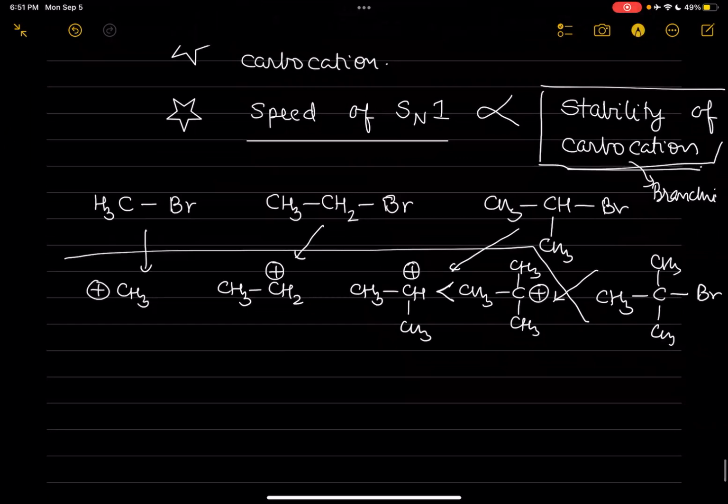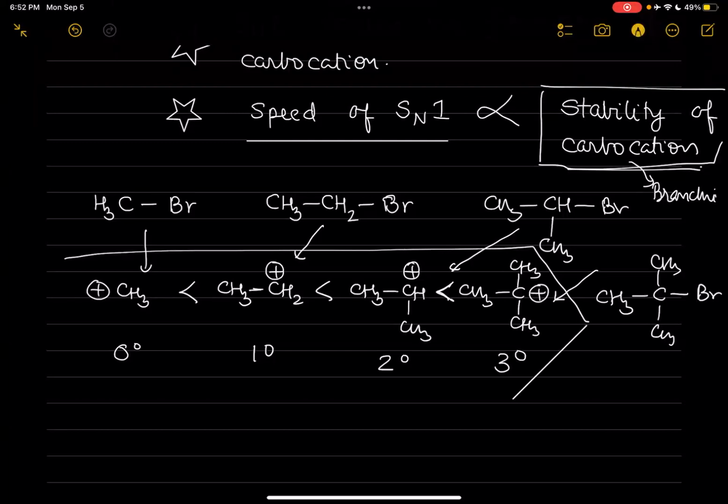So the tertiary carbocation is the most stable one, then secondary, then primary. Primary carbocation means it is connected to one carbon, and this is a zero degree carbocation. Is it clear? Imad, Anushka? Yes.